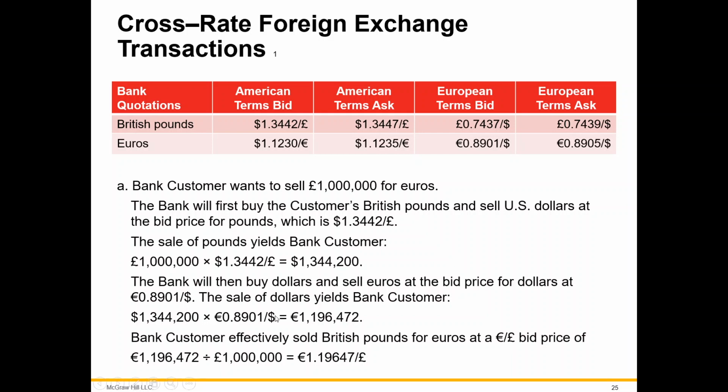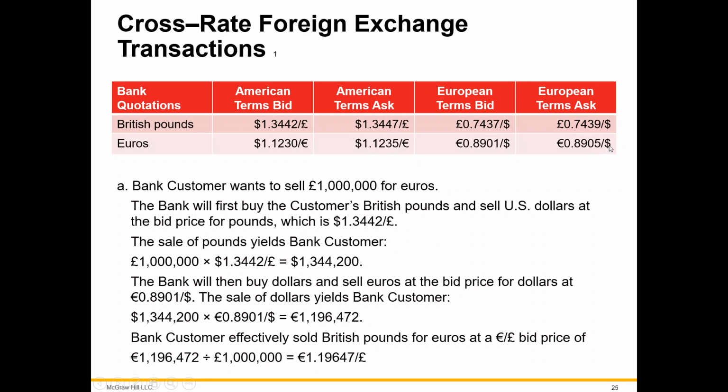So what are we doing? We have our $1 million, and we're selling dollars and we're buying euros.